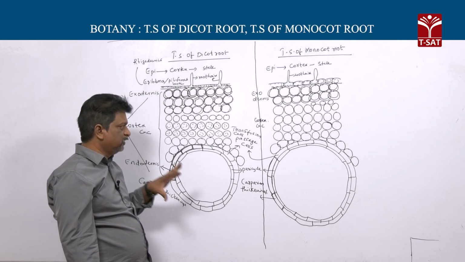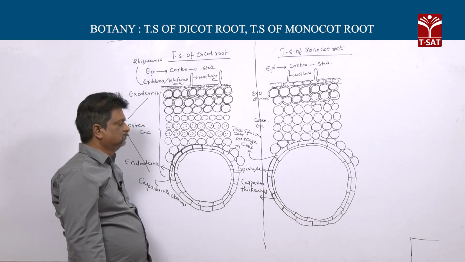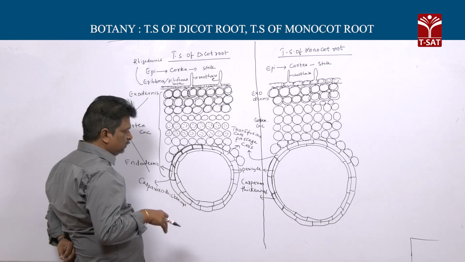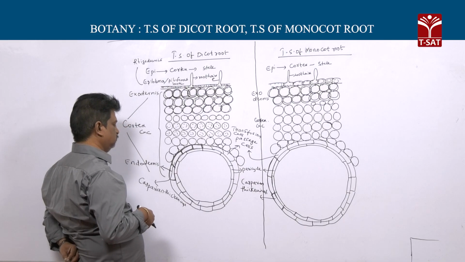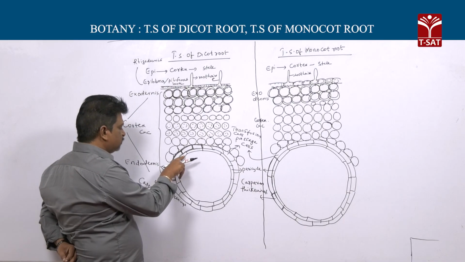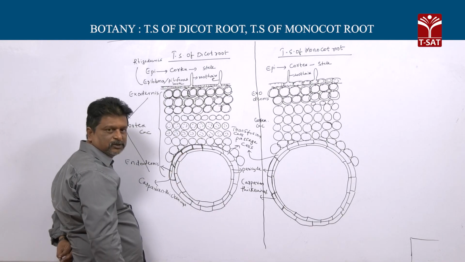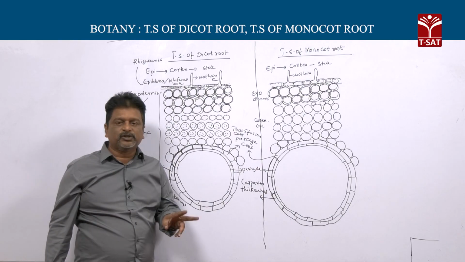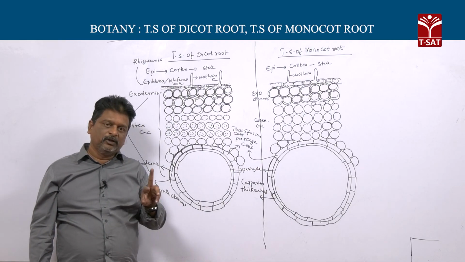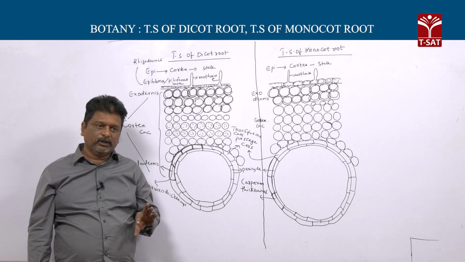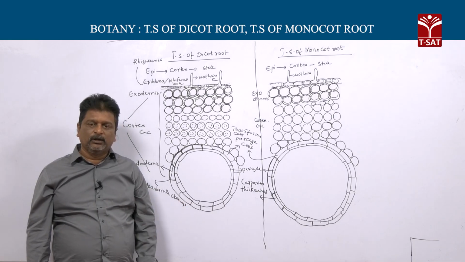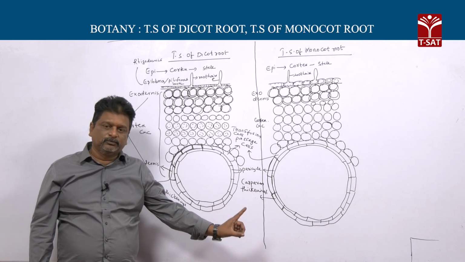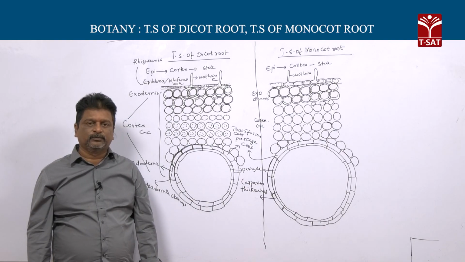Now, first difference: in dicot root, even after maturity, this pericycle is parenchymatous and by dedifferentiation it produces cambium. Produce cambium means it produces both cork cambium and vascular cambium. So, in dicot root, secondary growth takes place.